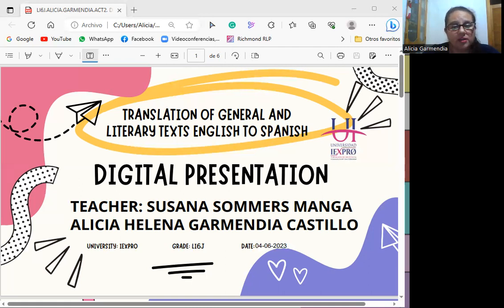There is another kind of interpreter, which is the consecutive. That means when they don't have the tools for listening and giving the information at the same time, such as microphones or headphones, or if you go to some place where things are going to be on the screen or at the news or something, you need a consecutive interpretation.